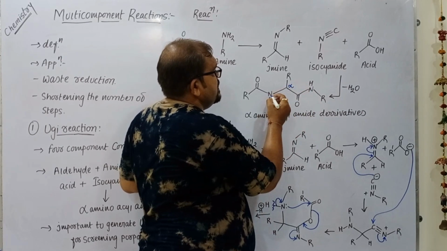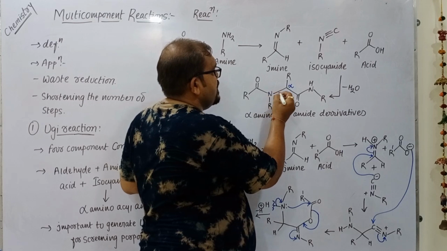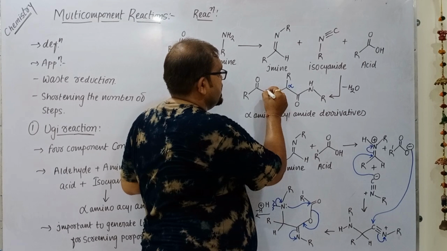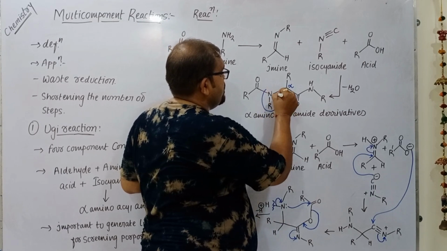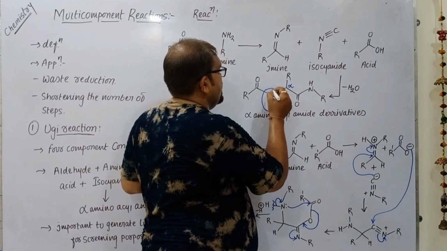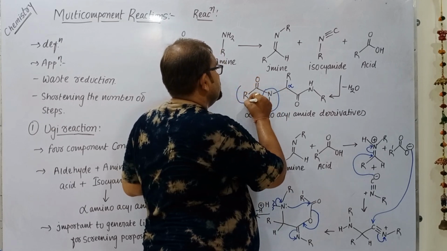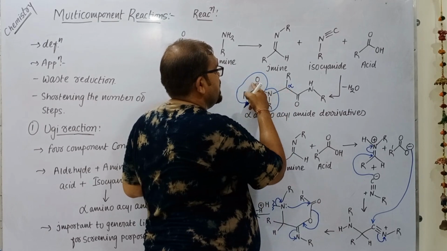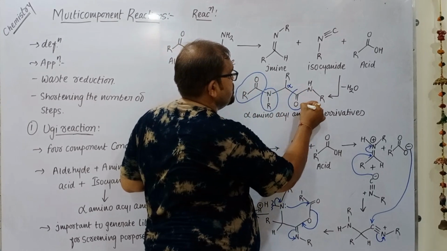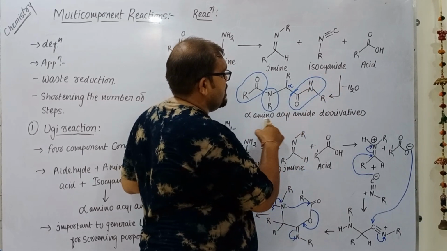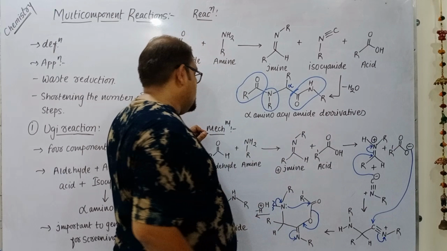This amine group is attached to the alpha position, so this is alpha amino acyl. We know this group is known as acyl group, so alpha amino acyl amide derivatives. Therefore this product is known as alpha amino acylamide derivatives.